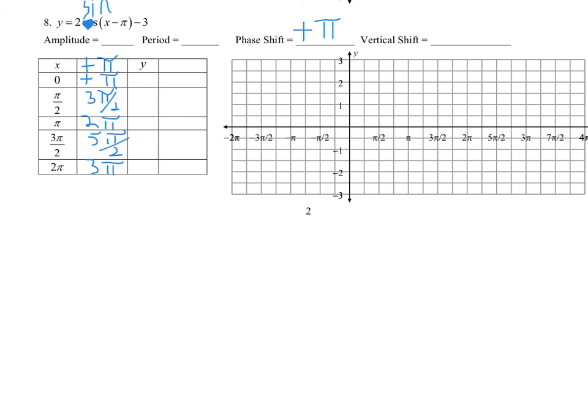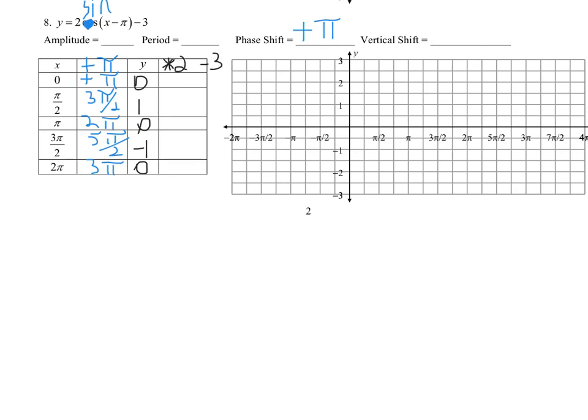Okay, so the sine values, at 0, sine is 0, and then 1, and then 0, and then negative 1, and then 0. And so what we're doing is multiplying by 2 and subtracting 3. So over here we're going to multiply by 2 and subtract 3.